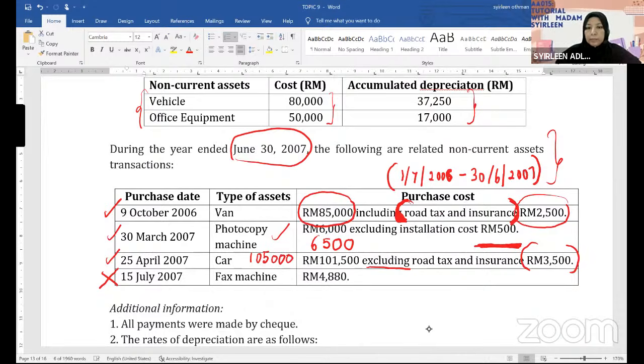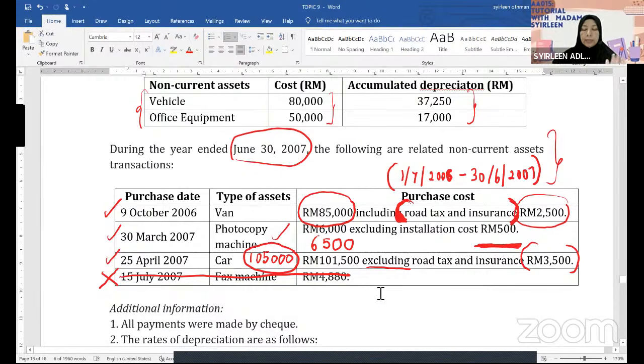Bukan yang ni ya. Sebab yang ni without the road tax and insurance of 3,500. So this one is the amount that you will record. Okay. Alright. Yang ni tak catat langsung. Potong teruslah. Clear. Okay. So all payments are made by check. So tidak ada cash ya.